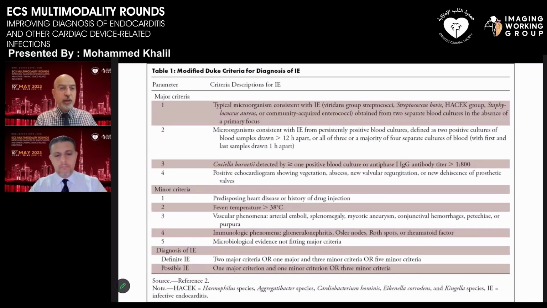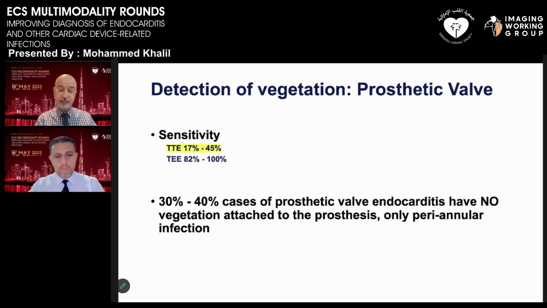We all use modified Duke criteria, and we are not going to go over it. We usually keep this in the back of our mind whenever we deal with these patients: 2 major criteria or 1 major and 3 minor criteria. We are all aware of the major and minor criteria for diagnosis of infective valve endocarditis, and it's similar.